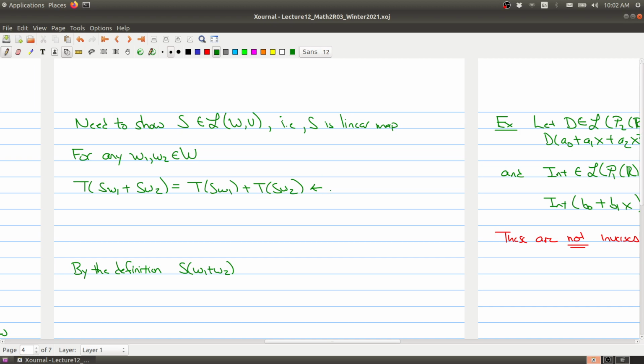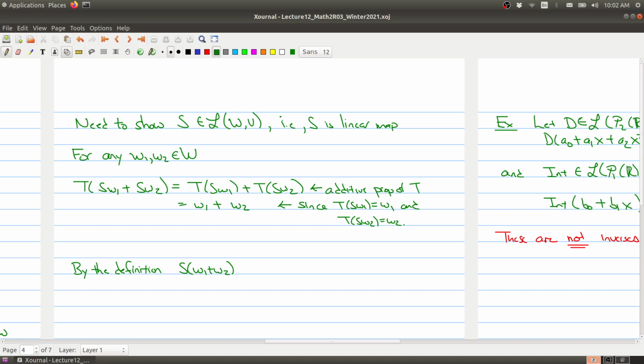This is the additive property of T, because T is a linear map, so we can do that. And now this is equal to w1 plus w2. This is from the fact that T∘S of w1 is equal to w1 and T∘S of w2 is w2.